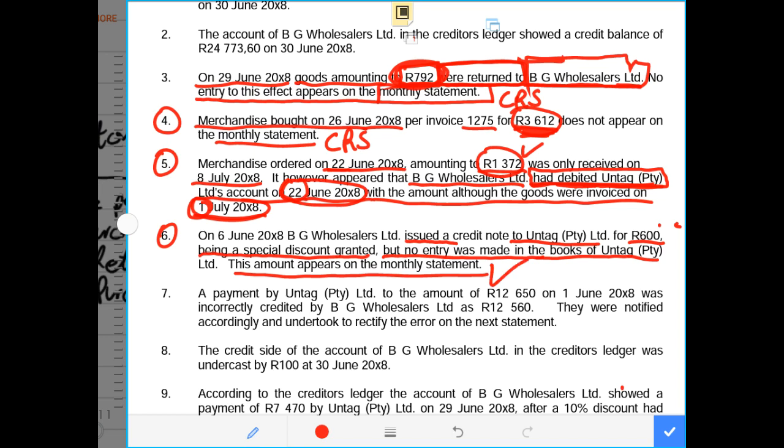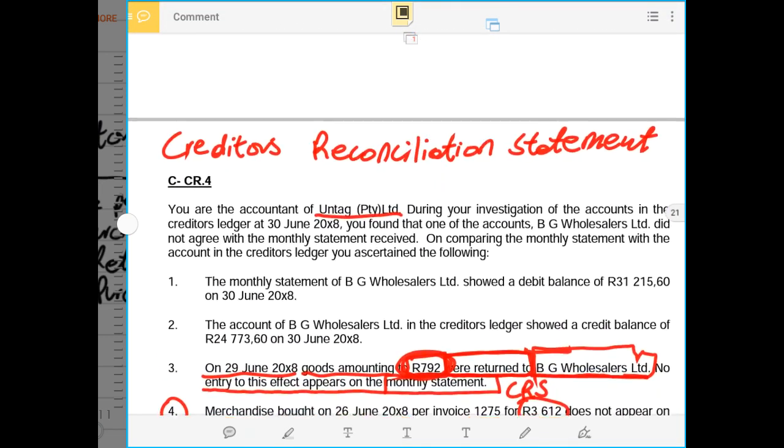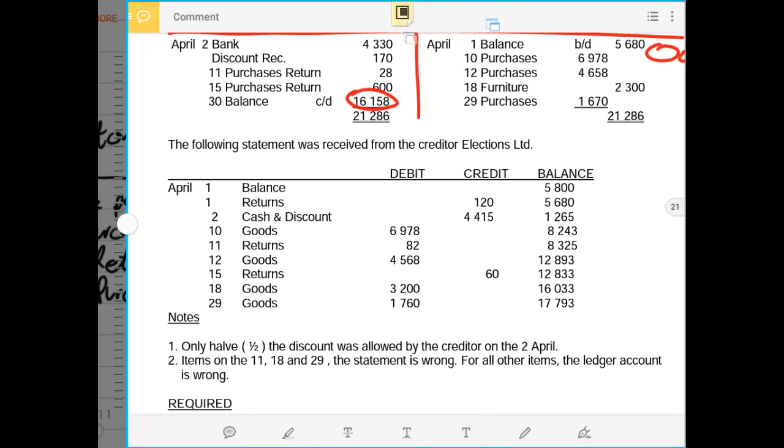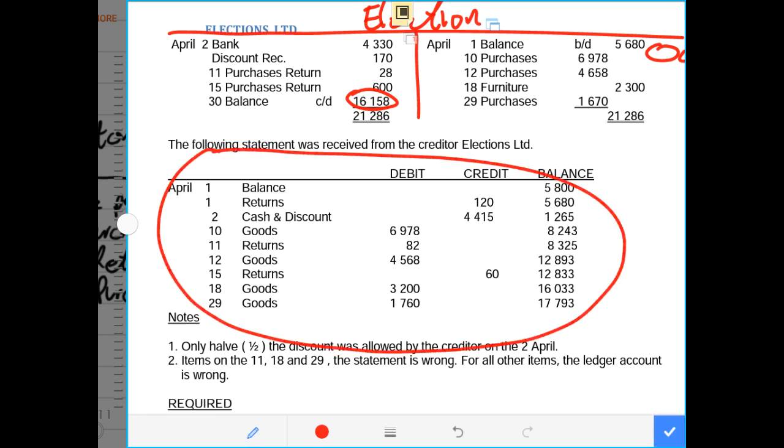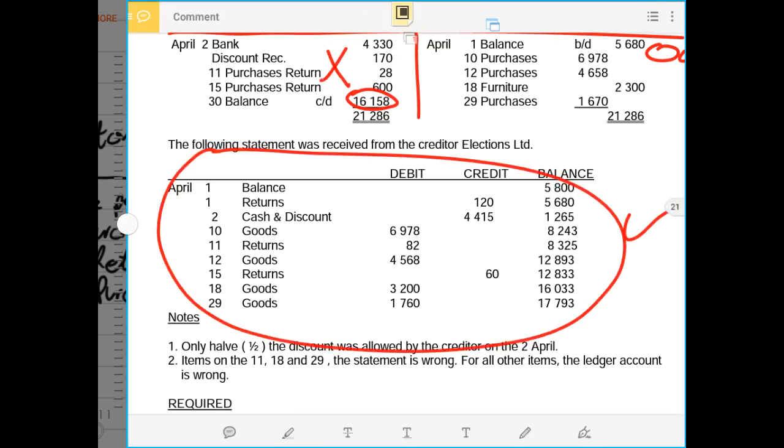So the monthly statement is correct. So that means if the monthly statement is correct, this part is correct. They recorded here right. But this is where the problem is. So now we must make a correction.